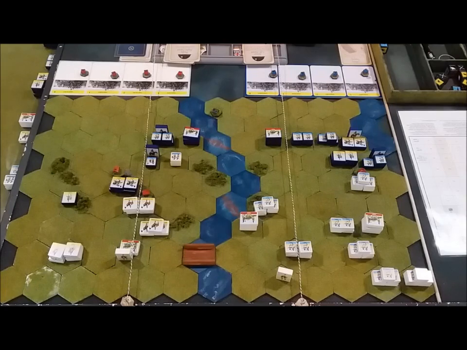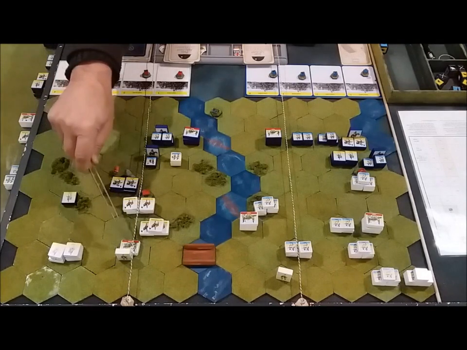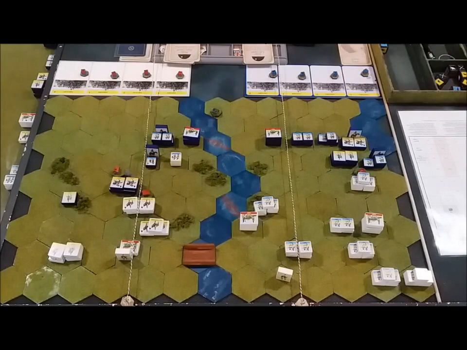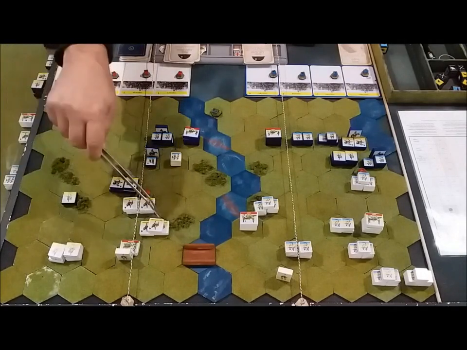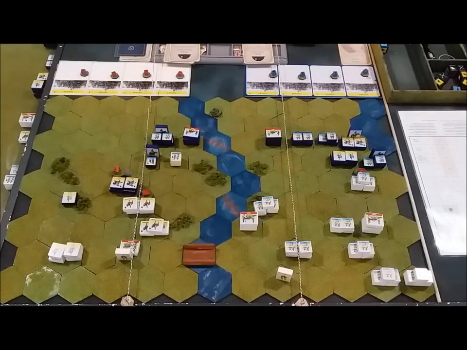What's more important, and what have we got a great chance of achieving? If we take the heavies down here, there's a good chance we can knock him out. But then he's going to be up against a light cav and 2 heavy cuirassiers in there. So we could do that and take him out.